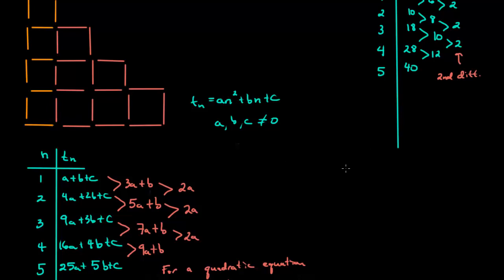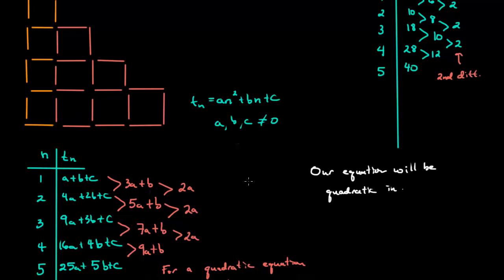We know for our particular example that our equation will have a quadratic dependence on n. Another way to say that is that it's quadratic in n.